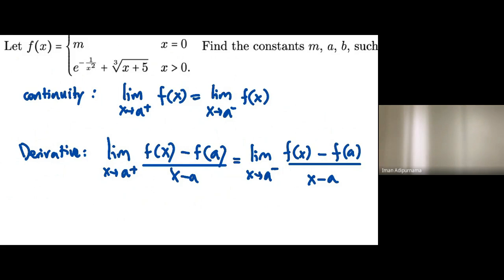They should be equal, or you can find those numbers. And of course, from these two principles, when you apply them to our function, we can find the constant.